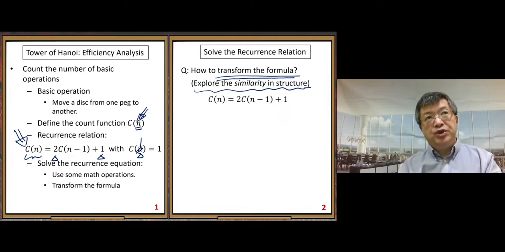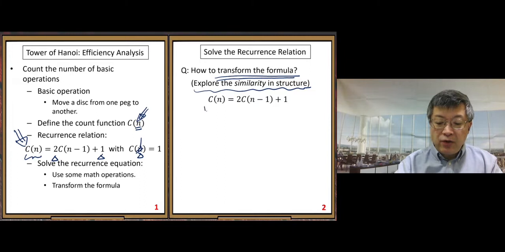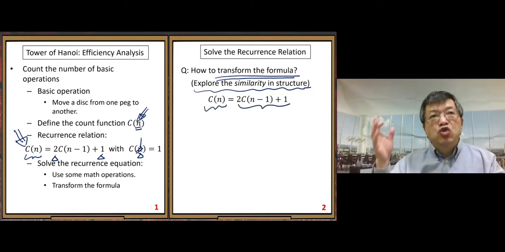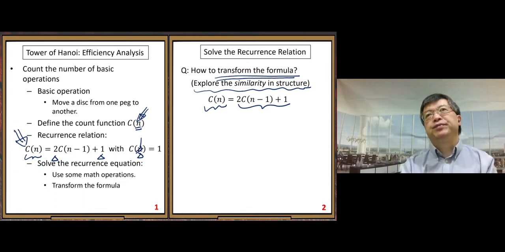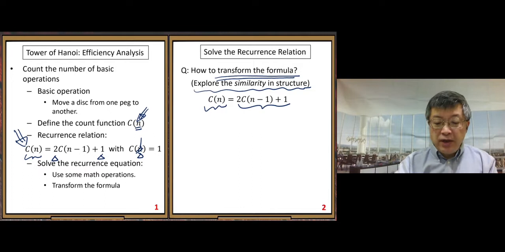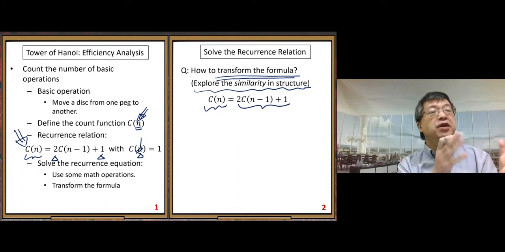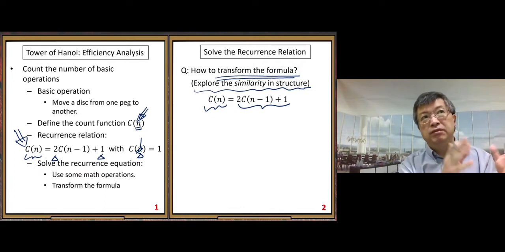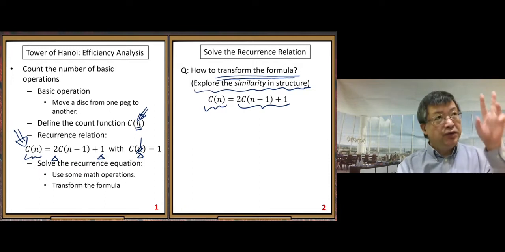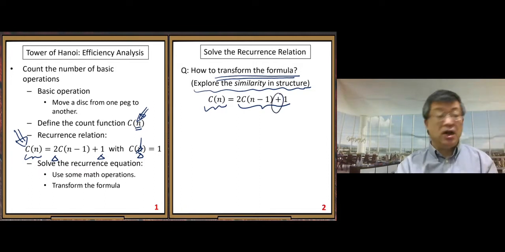This is our original formula. If you look at the two sides of the equation, left-hand side, right-hand side, the structure is different. What do you mean the structure is different? Because at the left-hand side, you have a single term, right? Right-hand side, you have two terms, you have a plus sign.